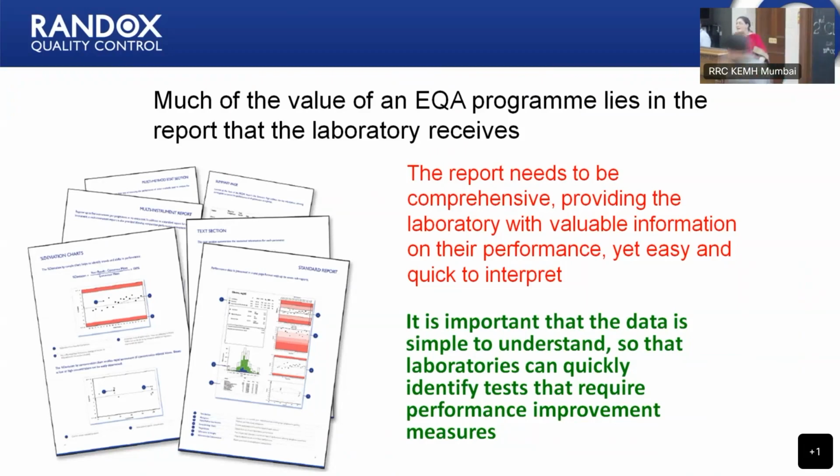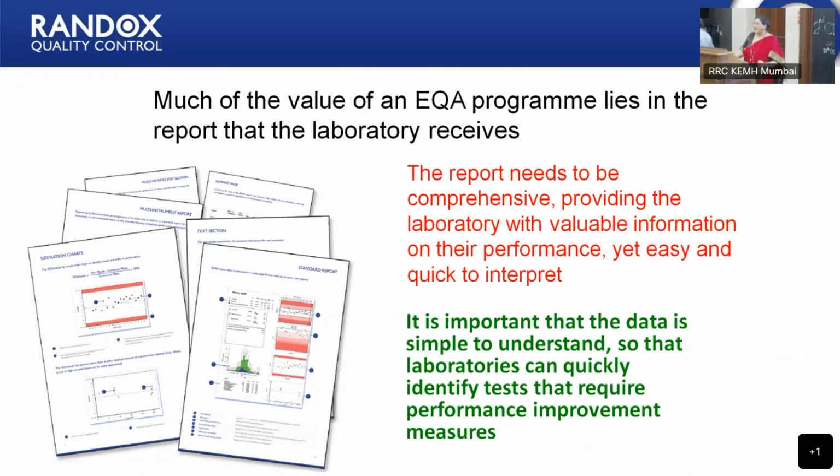The EQA provider, in the back end, performs the statistical calculation, prepares an evaluation report and submits it back to the laboratory, for the laboratory to understand how its performance is and where it stands in comparison to its peers. What is a peer? The other laboratories using the same instrument, same method, and same reagent.